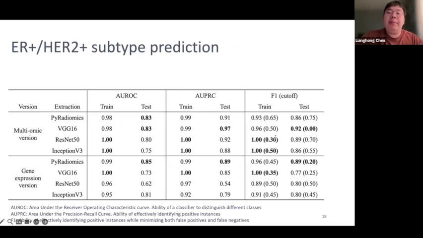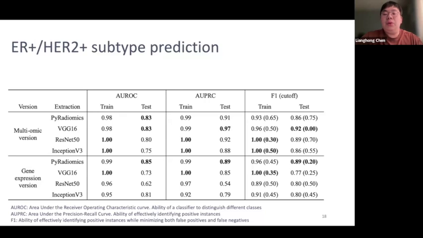To predict ER positive and HER2 positive subgroups, we use the MRI features and the known subgroup data to train a classification model. The MRIs are synthesized from multi-omic data and the gene expressions respectively. We try 4 different methods to extract image features, including Radiogenomic tool, VGG16, ResNet15, and Inception version 3.